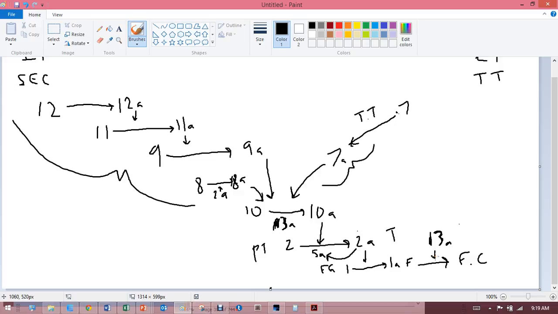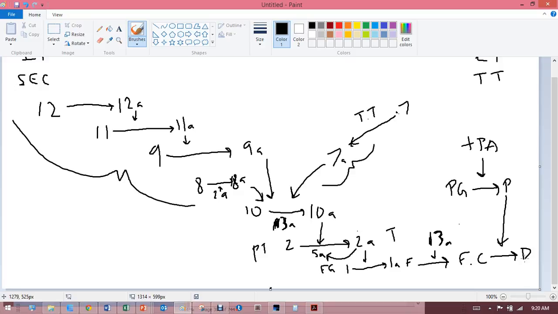Now the fibrin clot breaks down into fibrin degradation products when plasminogen is converted into plasmin by tissue plasminogen activator, and plasmin is the thing that breaks the fibrin clot into the fibrin degradation products. Wow, lots of information.